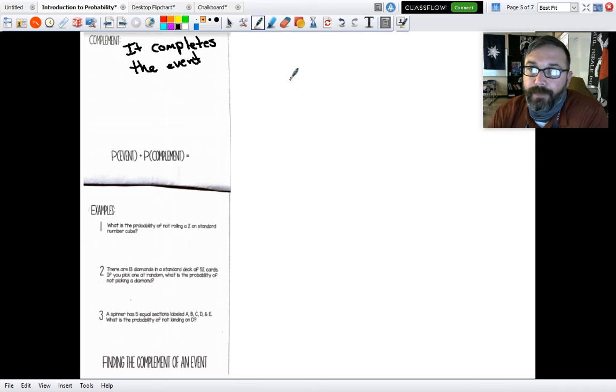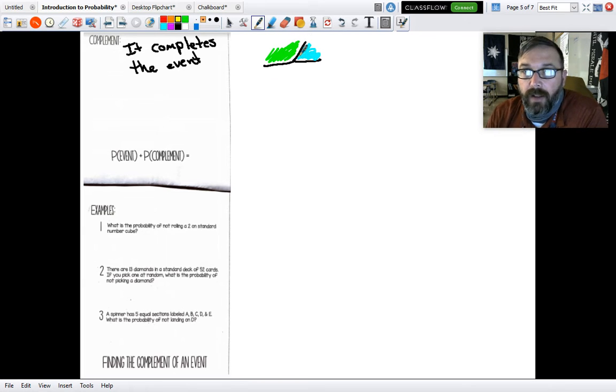For instance, in geometry, if I gave you an angle and I said, this is the angle right here, this blue area, but I'm talking about a line, I want to know what its complement is. The complement completes the rest of it.